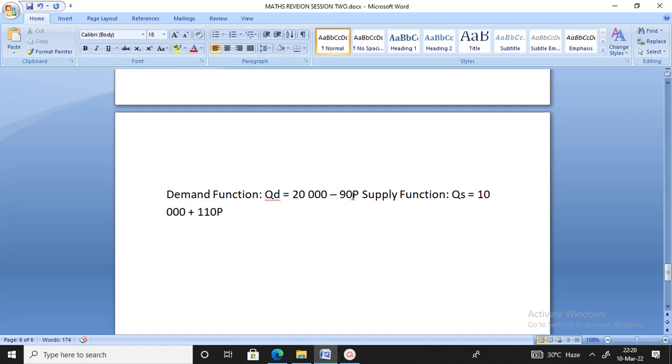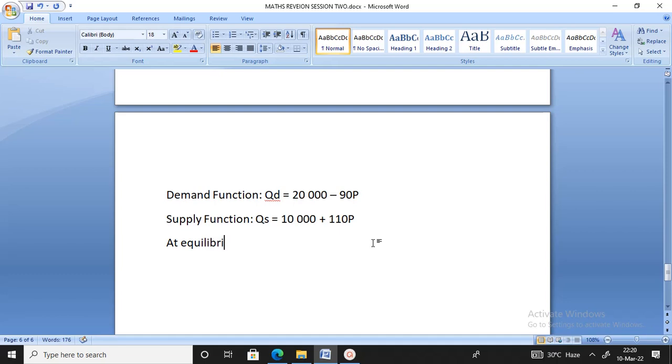The quantity demanded function is given as follows, and then we have the quantity supplied. Now we are looking for the equilibrium price, and we've said at equilibrium, quantity demanded equals quantity supplied. So that's what we are working with.